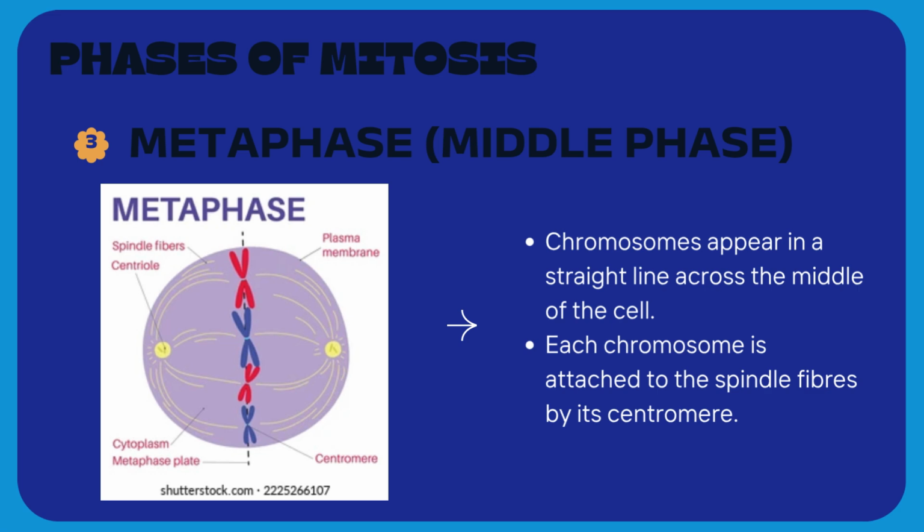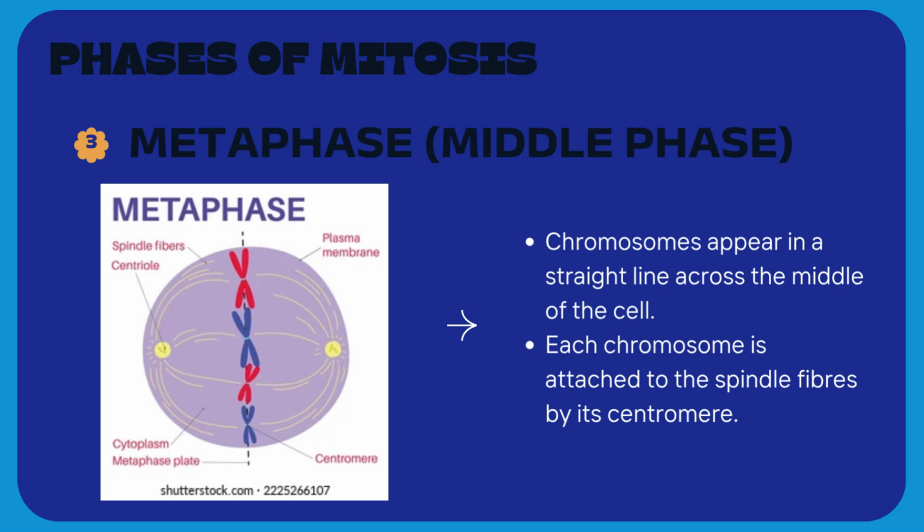Because now what happens here is the chromosomes all line up in a straight line on the equator of the cell, in the middle of the cell. The chromosomes appear in a straight line across the middle of the cell. Each chromosome is attached to a spindle fiber by its centromere.